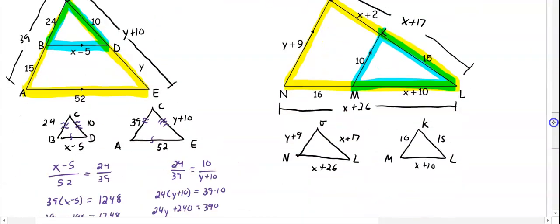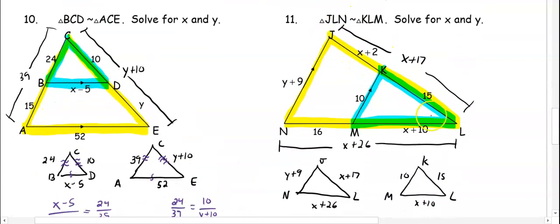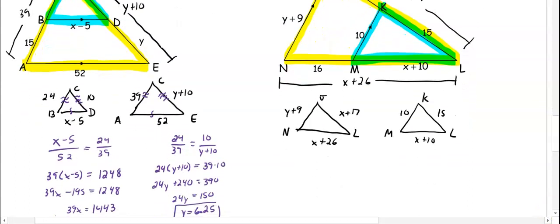As we look at the first triangle, the smaller one in blue, the larger one in yellow, we see that there's two sides with an x in it. So we are going to use those corresponding sides to solve for x. So we would have x plus 17 over 15 equals x plus 26 over x plus 10.